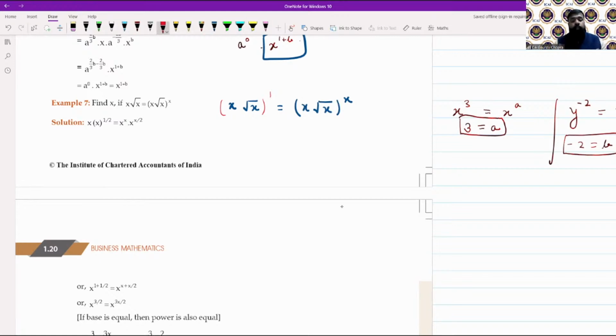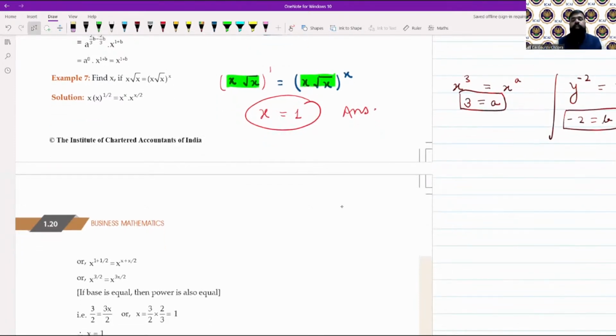Now we can compare both the sides. On both sides the base is the same, so the powers will become equal. Therefore we can write x is equal to 1. This is the answer. Okay. So no need to simplify. We can directly select the answer. So x is equal to 1.